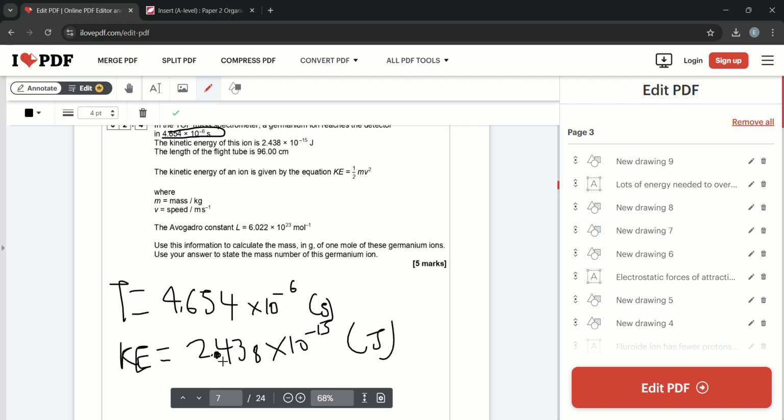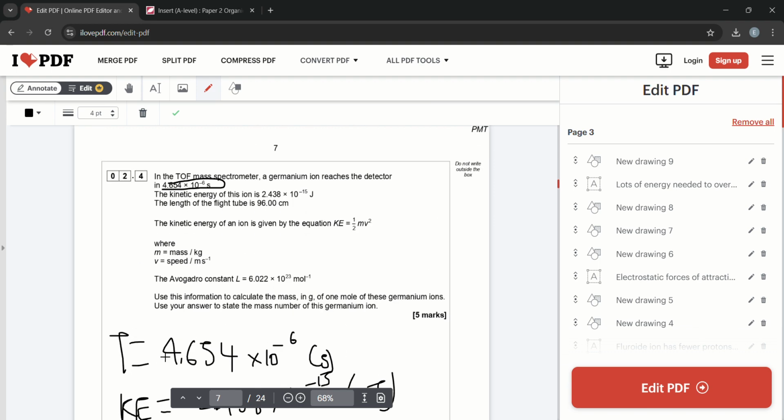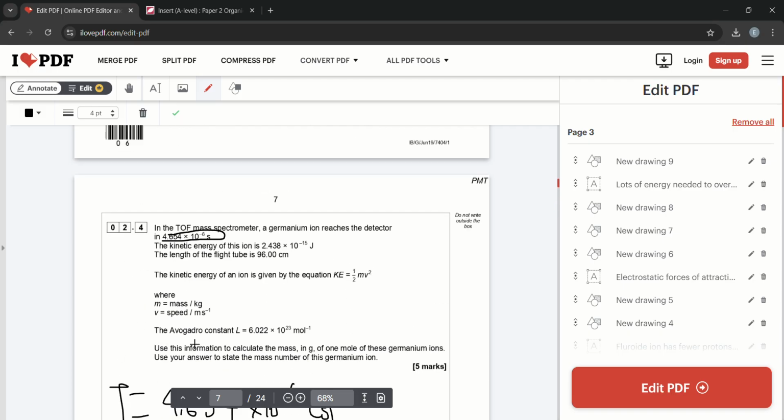So find the correct units, and then the distance. The length of the flight tube is 96 centimeters. We want that in meters, so it's going to be 96 divided by 100, 0.96 meters. I could just write m, but I prefer meters.